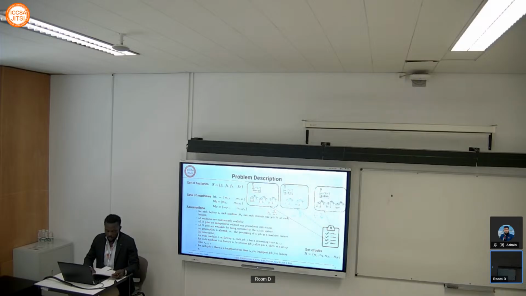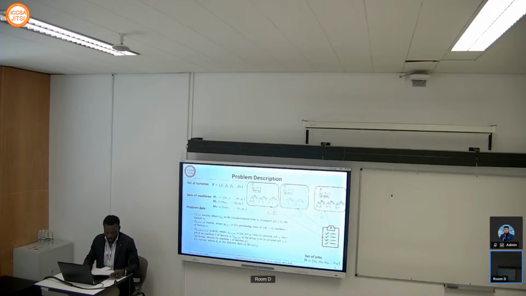We are dealing with the distributed job shop scheduling problem, which involves multiple factories. Each factory has its own set of machines. There is a set of jobs that need to be assigned to machines. Each factory consists of several unrelated parallel machines and handles a subset of the jobs.